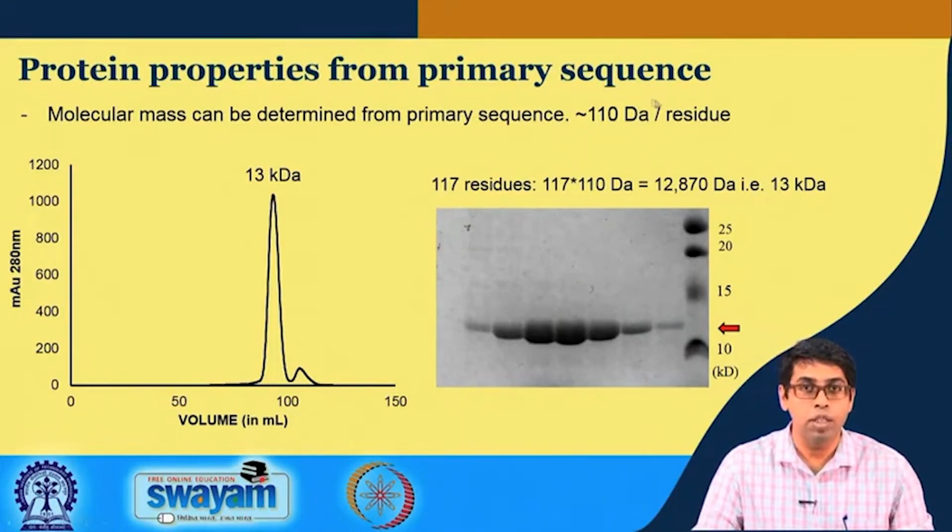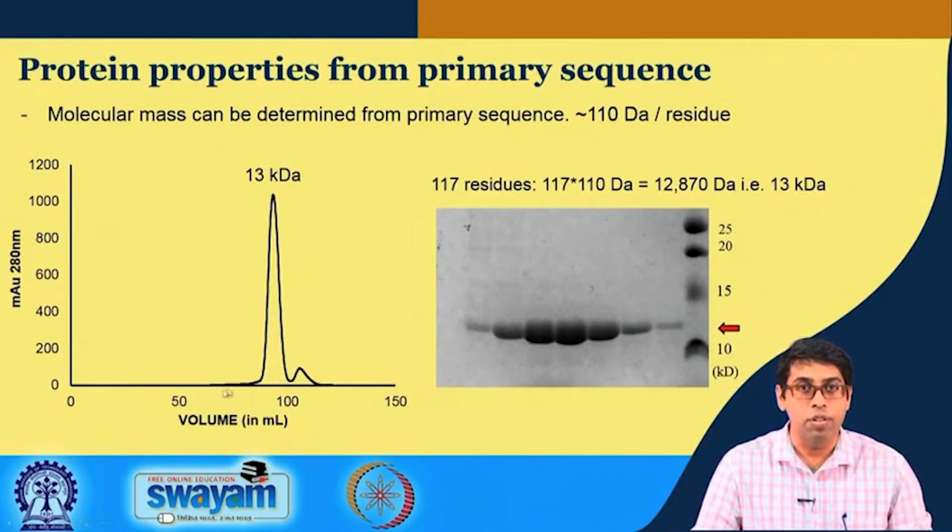So, we have some idea about the molecular mass of our protein. Now, using two techniques, size exclusion chromatography and SDS-PAGE gel electrophoresis, we can determine the purity as well as whether we have the correct protein. You have already seen these two techniques.